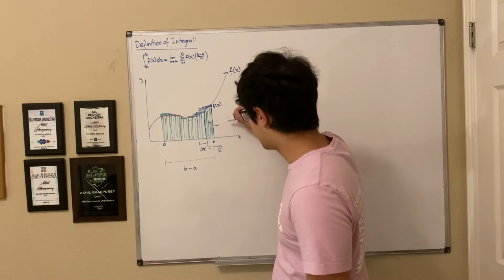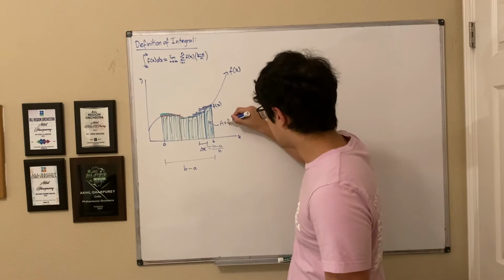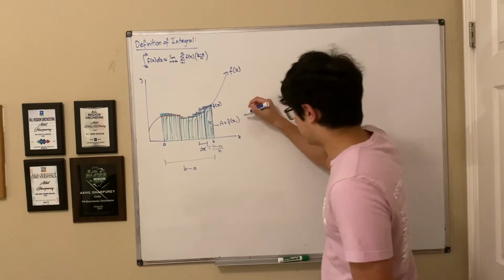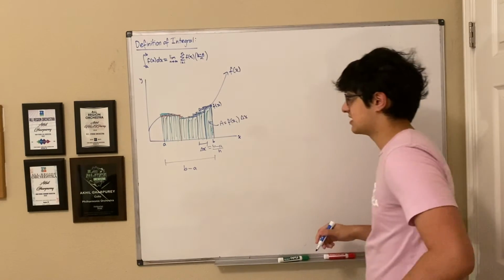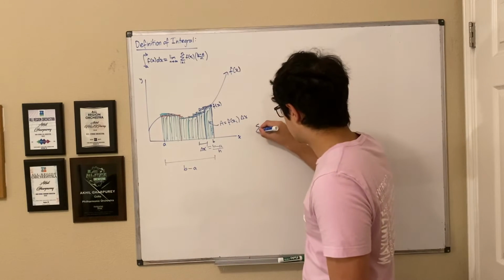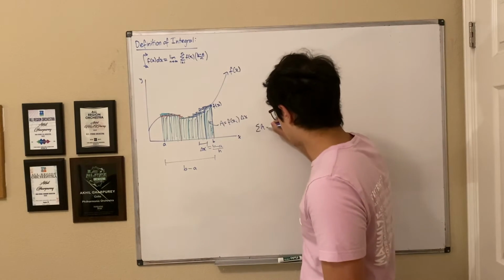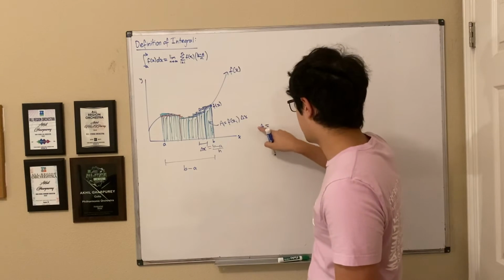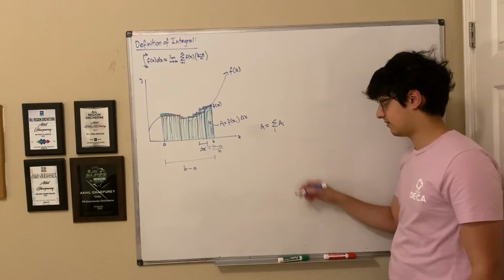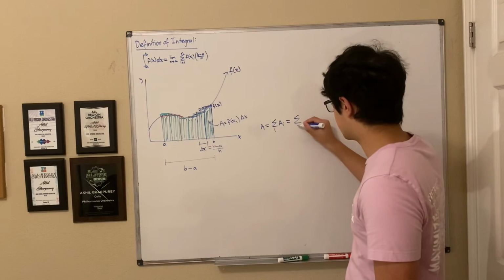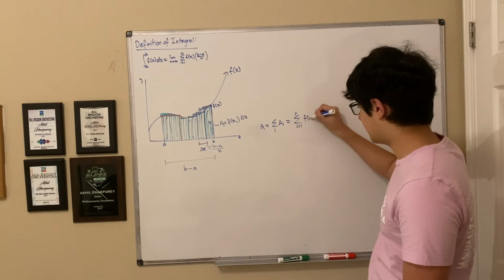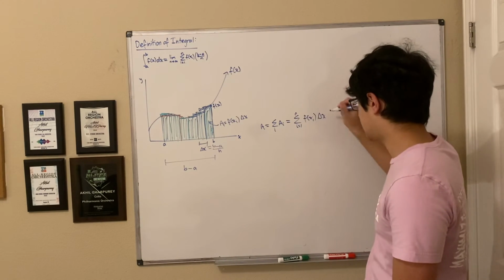And if we take a look at this area, the area is just going to be f of x sub i, for example, times delta x. If you wanted to sum up all the areas of the rectangles, we can call this area i. So we can say area is equal to the sum of each area, and we know that this is going to be equal to the sum from 1 to n of f of x sub i delta x.